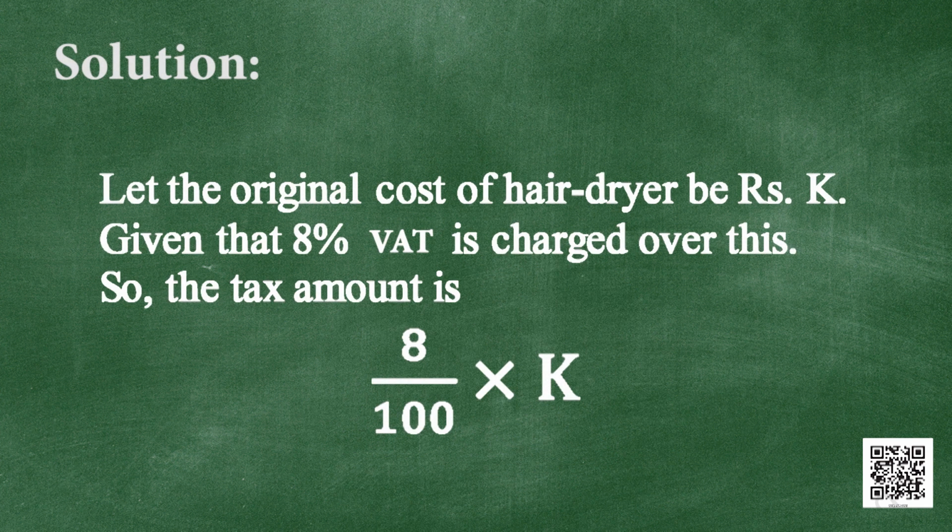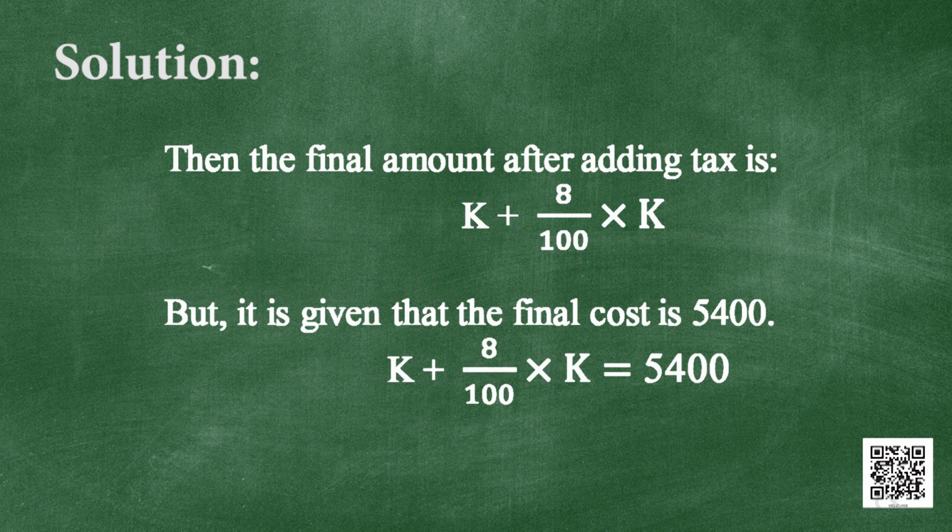Let the original cost of the hair dryer be rupees K. Given that 8% VAT is charged over this, so the tax amount is equal to 8 divided by 100 multiplied with K. Then the final amount after adding tax is K plus 8 by 100 multiplied with K. But it is given that the final cost is rupees 5400.